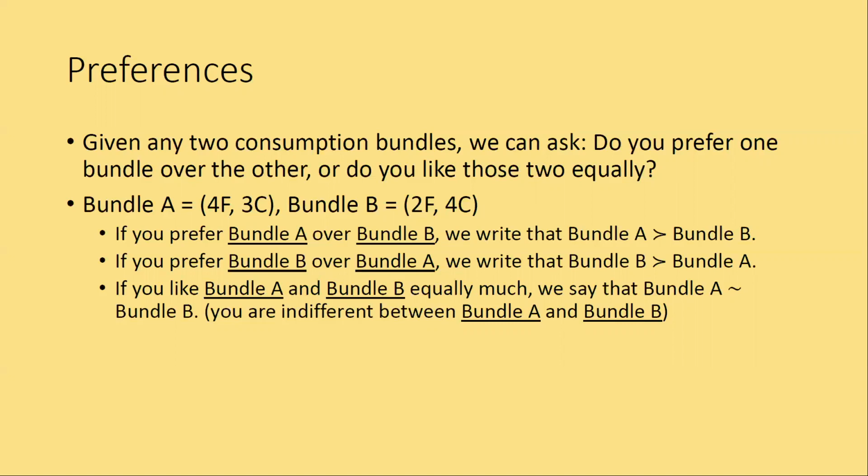If the consumer says that she prefers bundle A over bundle B, then we write that bundle A is preferred over bundle B. This sign is not the larger than sign, it is the curly version of it. So we write it this way.